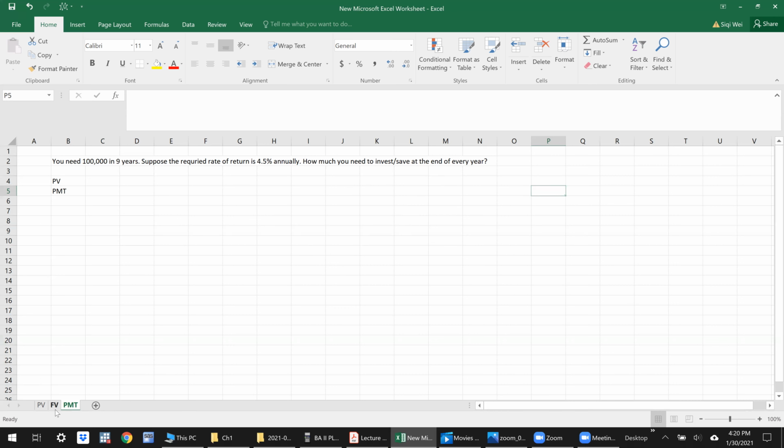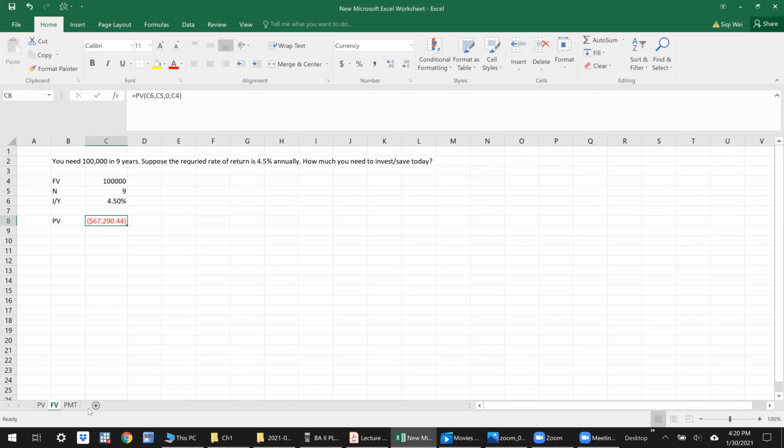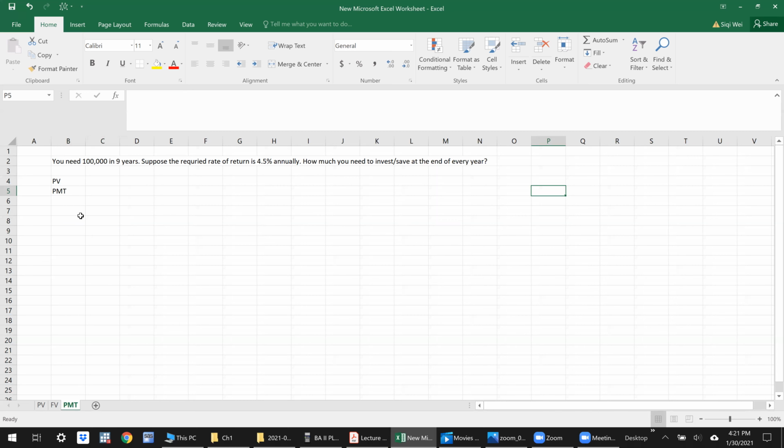In the first two examples, it's sort of a lump sum problem. You either have one cash flow at the beginning or end of the time frame. But now for the payment type of problem, you have an annuity, a stream of cash flows, just like your phone bill or apartment rent. Every month you have to pay your rent or bill, right? So that's a type of example of an annuity.